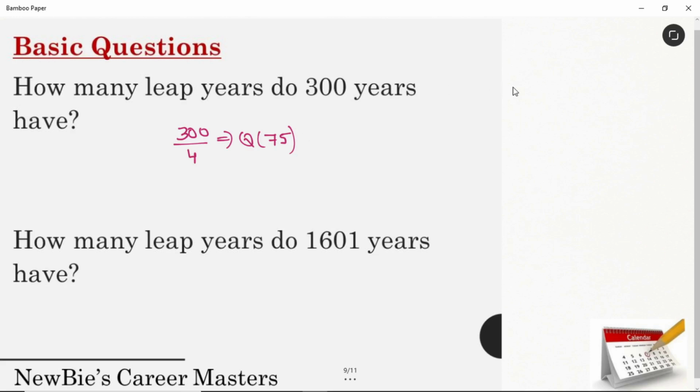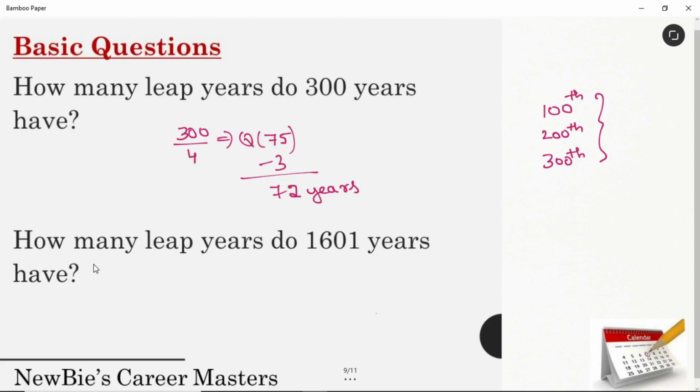Out of 300 years, there are 3 century years: the 100th year, 200th year and 300th year. Out of these 3 years, none is a leap year. So you need to remove 3 years from this count. Now the total is 72 years. Out of 300 years, 72 years are leap years. Remaining are ordinary years. Simple.